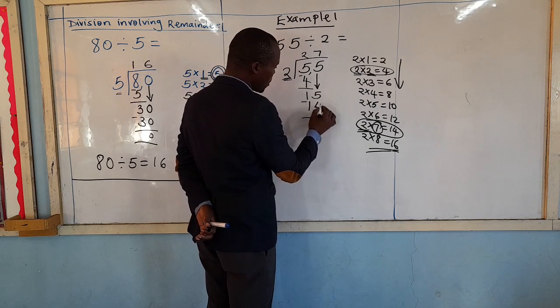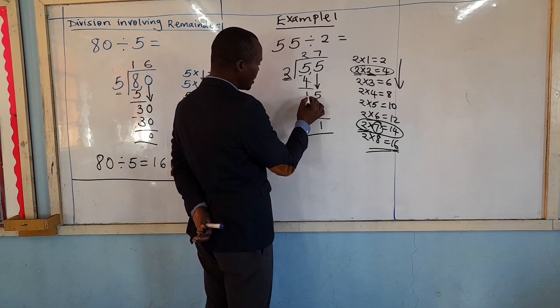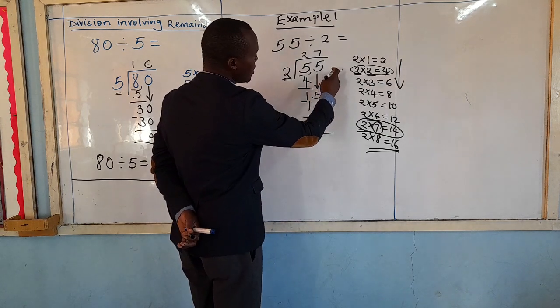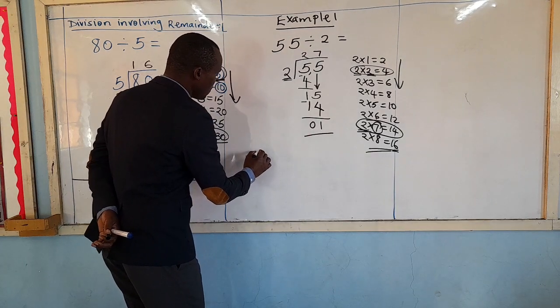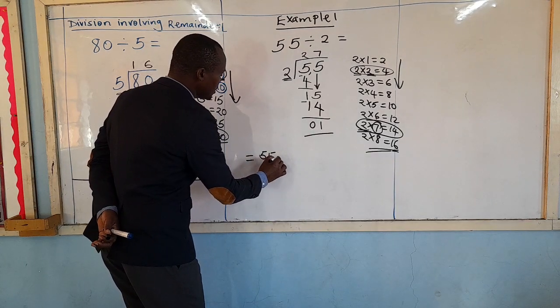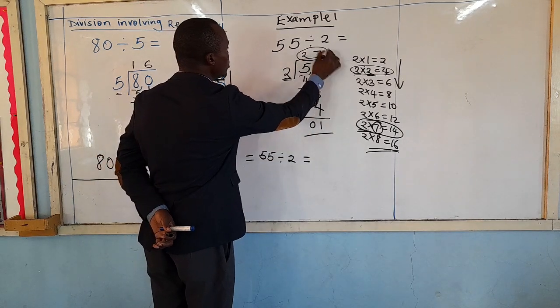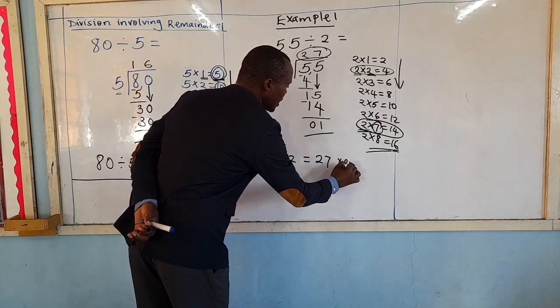Take away this one, we are going to get 1. Then this plus 1, take away 1 is 0. Since there is no other digit to drop, we will say that 55 divided by 2 is the same as, now the quotient, which is 27 remainder.